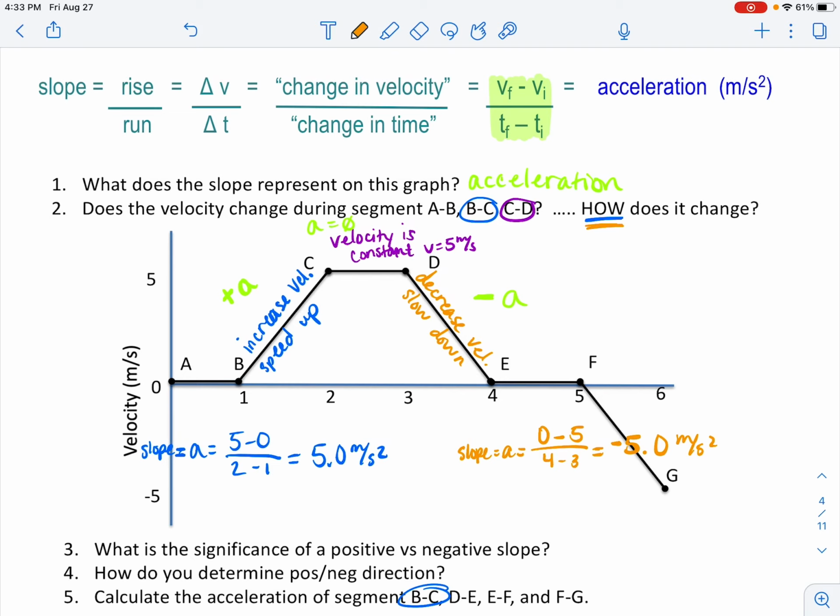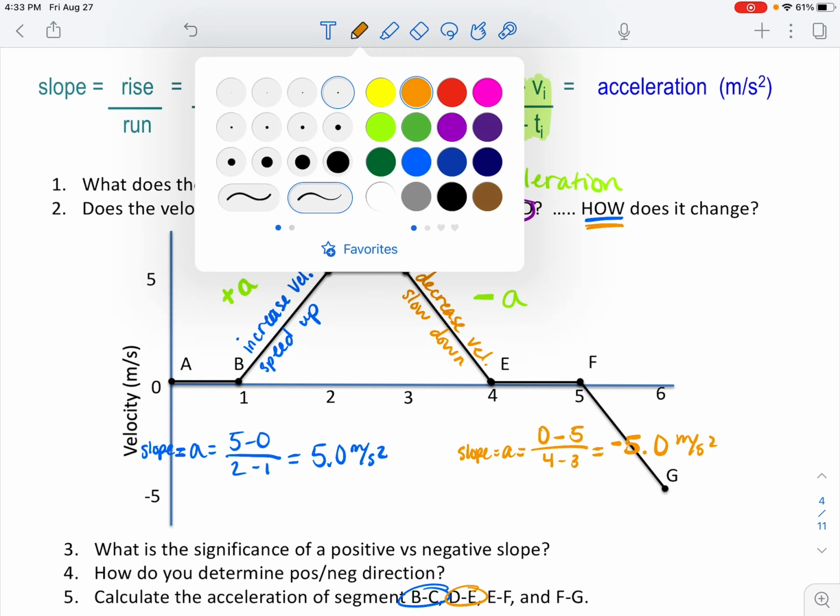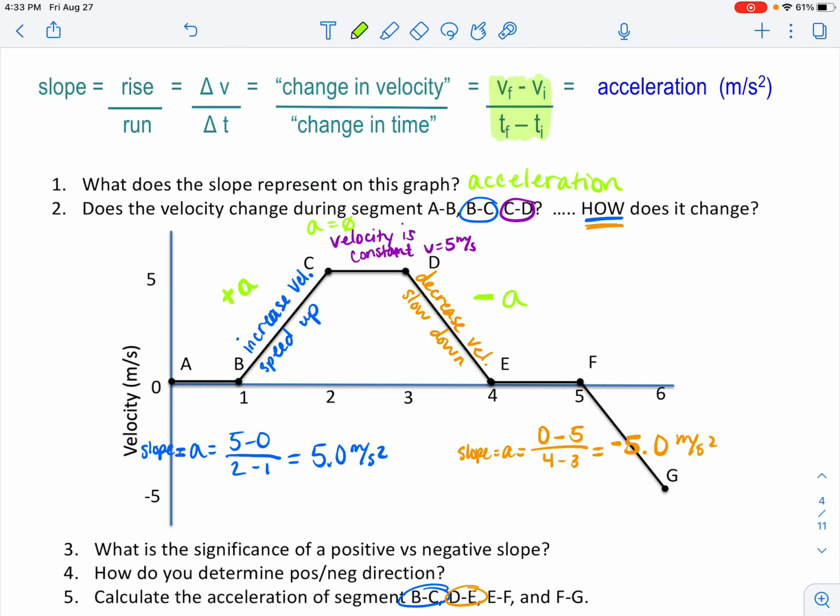Okay, so when I calculate my slope value, what I see is that my acceleration is a positive number when my object is increasing velocity, or when I have a positive slope on my graph. My acceleration was a negative number when my object is decreasing velocity, or I have a negative slope on the graph. Again, I am focusing right now on an object that is currently moving in the positive or forward direction.